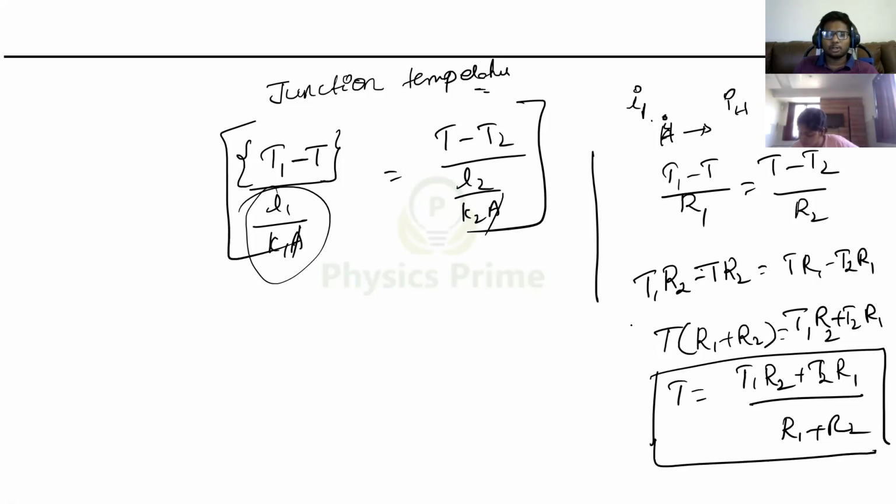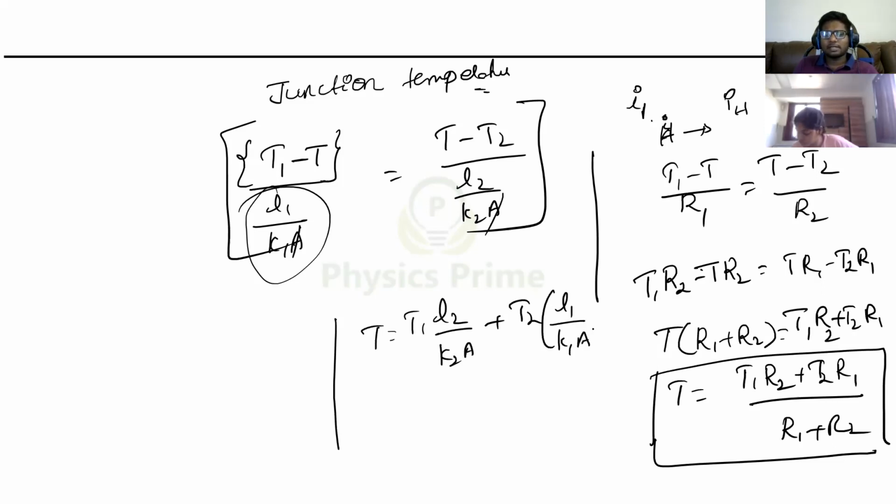You can substitute also. T is equal to T1 into R2, which is L2 by K2A, plus T2 into R1, which is L1 by K1A, divided by R1 plus R2, which is L1 by K1A plus L2 by K2A. A common you can take and cancel here.